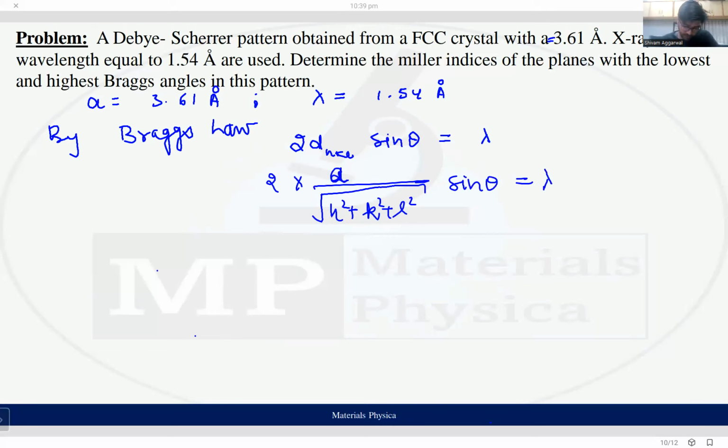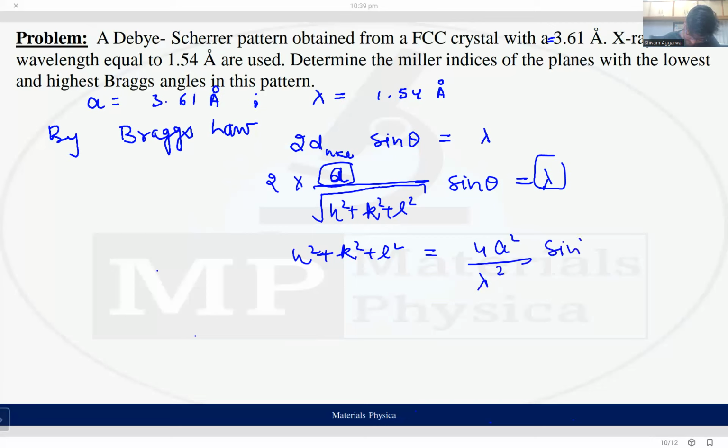Here we know the value of a and the value of lambda. So the value of h square plus k square plus l square would be 4a square over lambda square, into sin square theta.